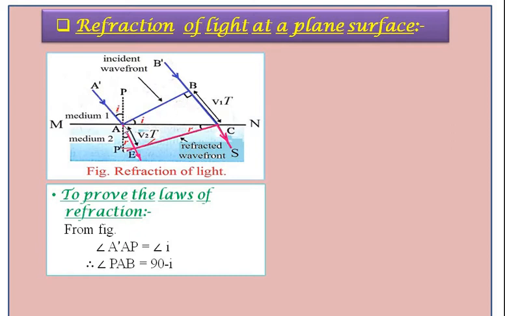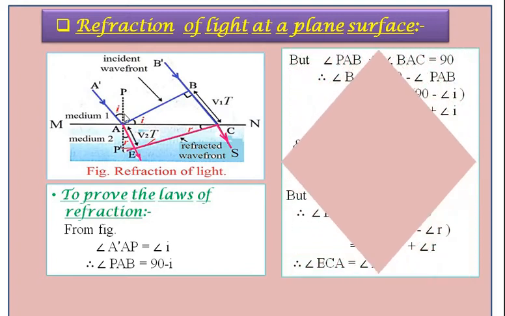Here A'A and AB are perpendicular to each other, means the total angle is 90 degrees, and as A'AP is equal to angle of incidence, therefore PAB is equal to 90 minus i.